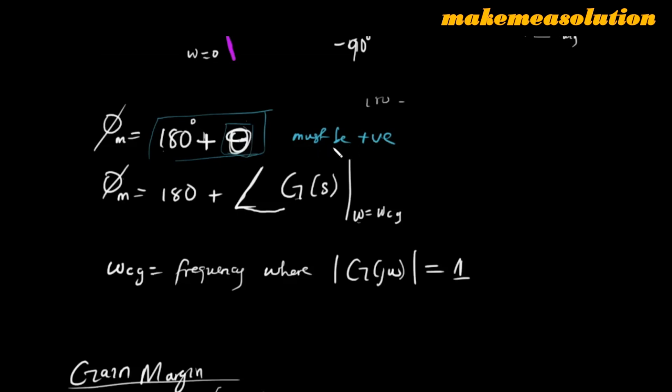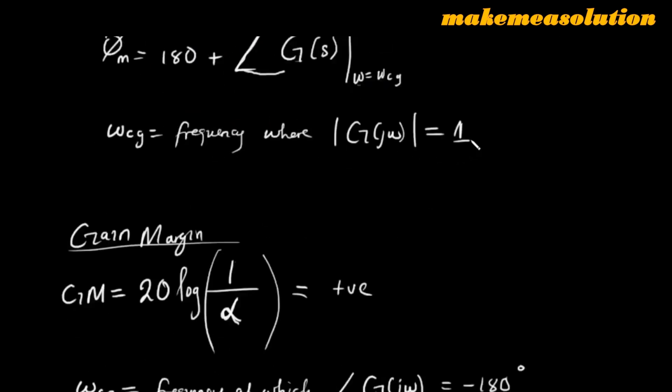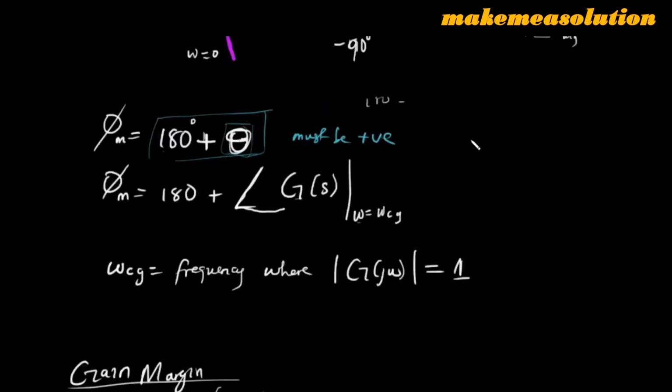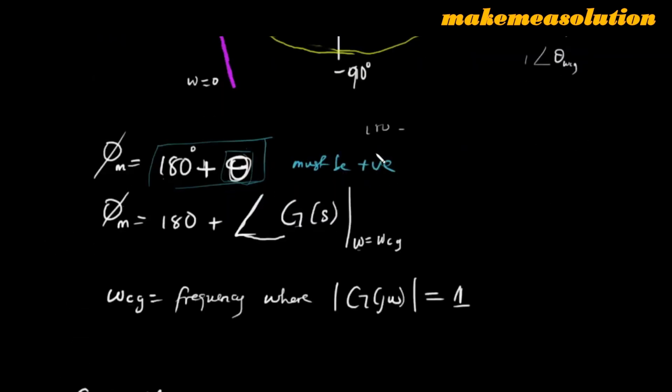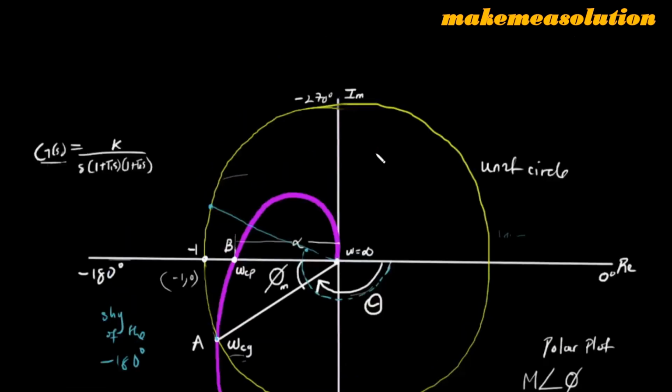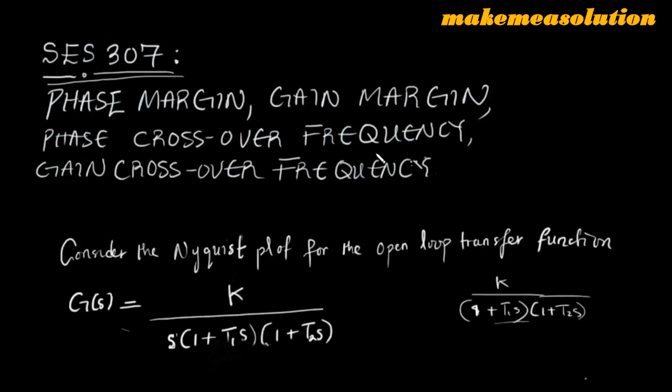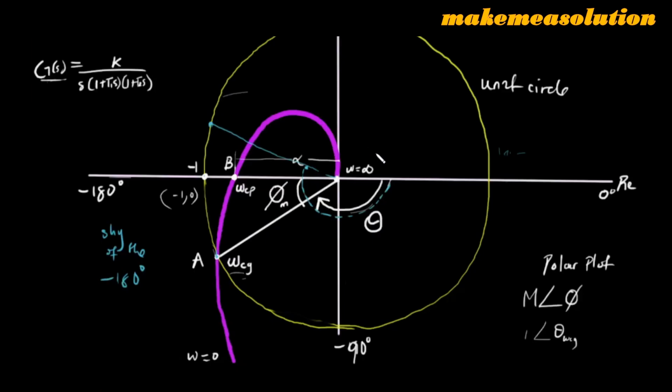Okay, so we have seen how to determine stability from phase margin and gain margin. For stability, the phase margin must be what? Positive, and the gain margin must also be positive. Is that okay? So to summarize what we've learned, we learned about phase margin, gain margin, phase crossover frequency, and gain crossover frequency.